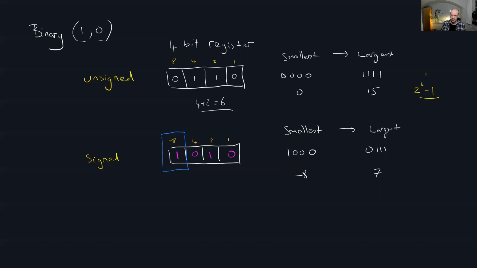We have a 4-bit register, so we get our power from that. 2 to the power 4 is 16, minus 1 gives us the maximum.